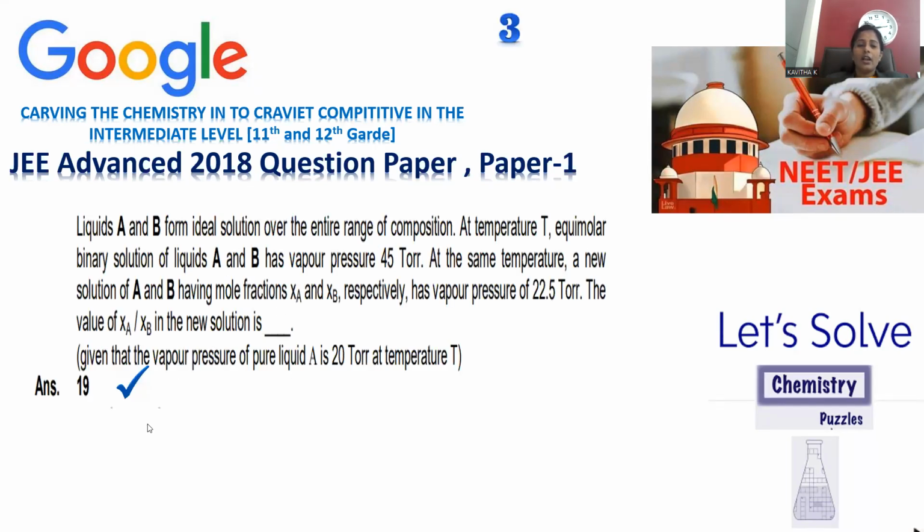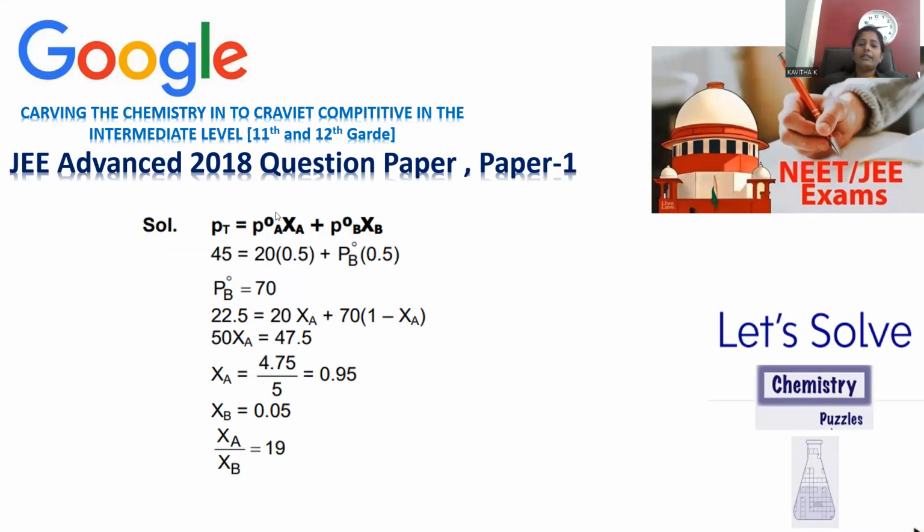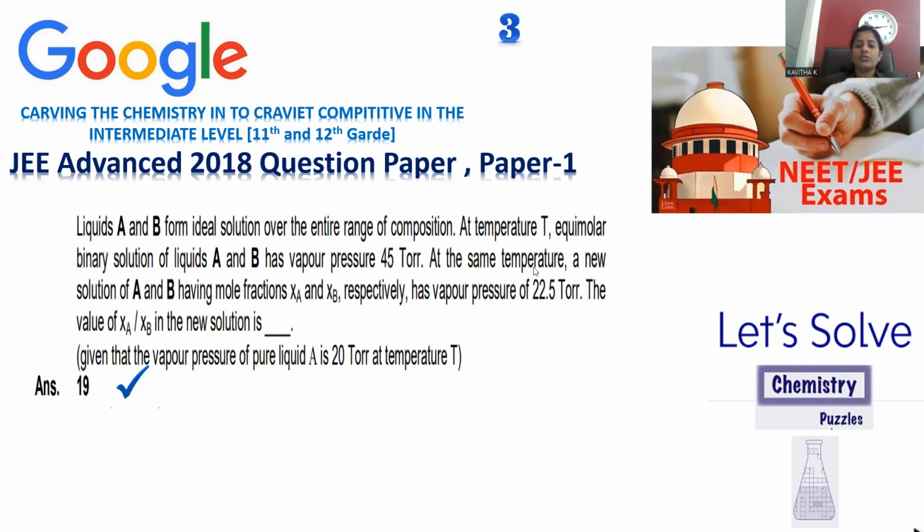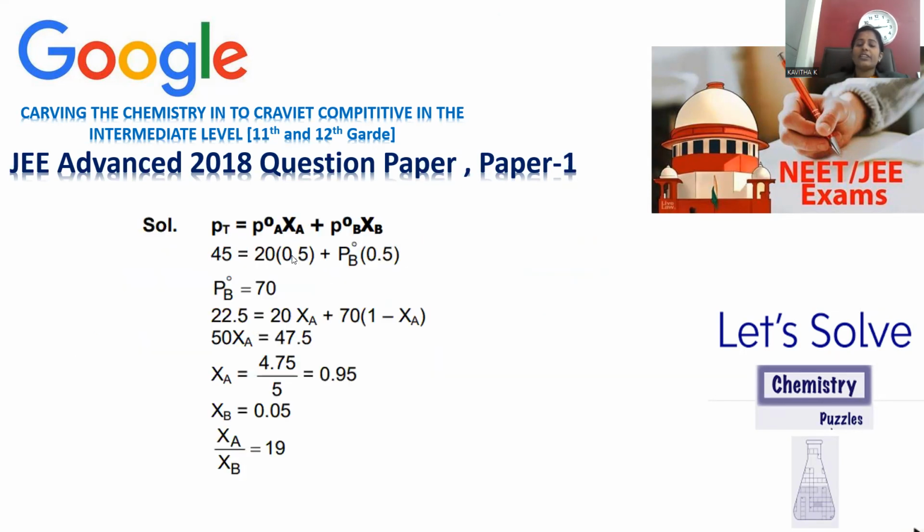The vapor pressure of A is given as 20, and chi A is given as 0.5. They mentioned an equimolar mixture, no? Equimolar means half of one solution, half of another solution. So chi A will be 0.5, chi B will be 0.5.